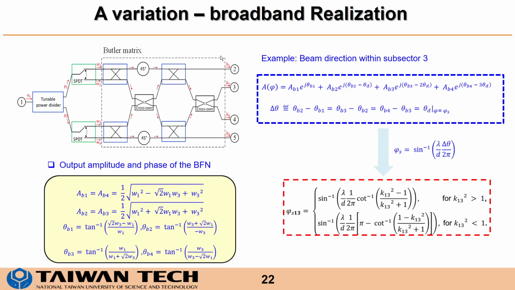The one requirement for this whole structure is that the Turing power divider, the SPDT, and also parametric are designed in broadband operating frequency, and that is the important requirement.